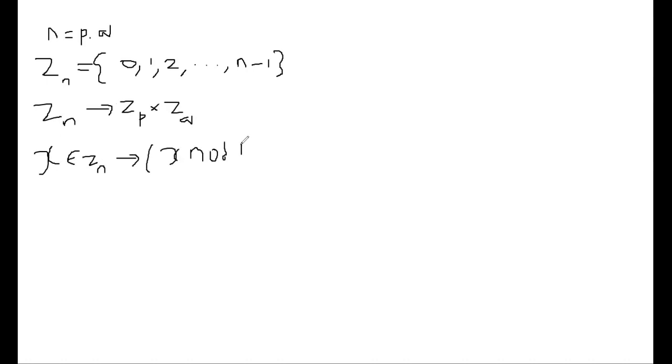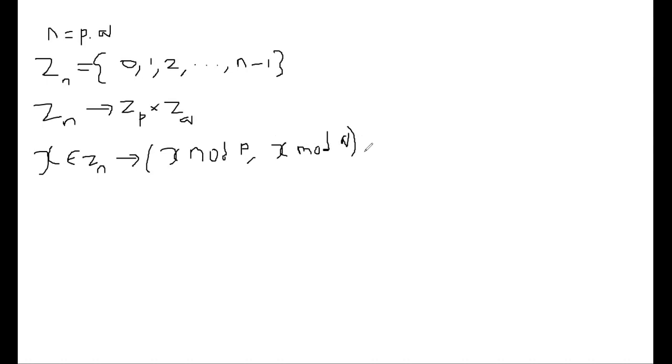That basically is the mapping. Every element gets mapped to the remainder when you do mod using p and q respectively. So you have a pair of elements for every element x in Zn.